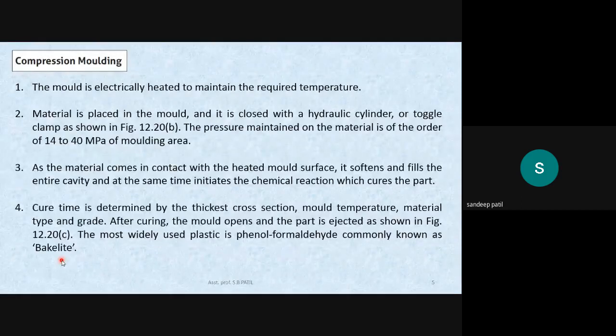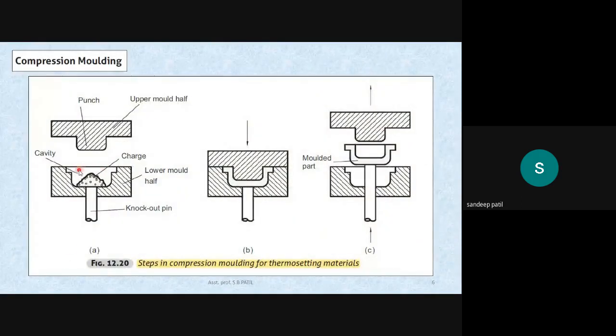Let us see the steps in compression molding for thermosetting materials in this figure. This is the punch, or the upper mold half, and this is the lower mold half. The charge is nothing but the input plastic material, polymer or granulates, situated here.